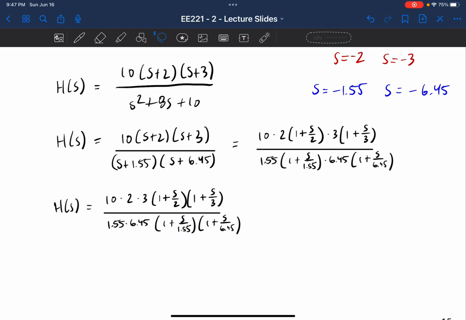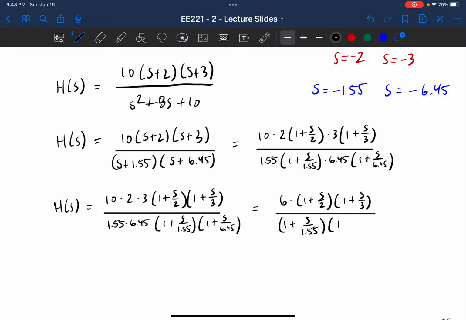All of this is basically one giant constant, which I've already computed, and it comes out to be very close to 6. So I can rewrite this whole thing as 6 times 1 plus s over 2 times 1 plus s over 3, divided by 1 plus s over 1.55 times 1 plus s over 6.45, okay?